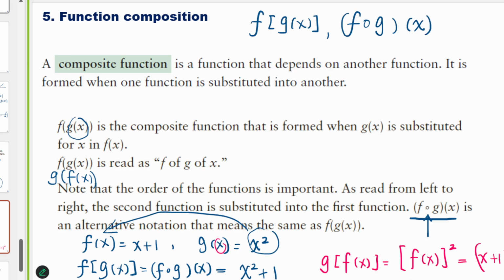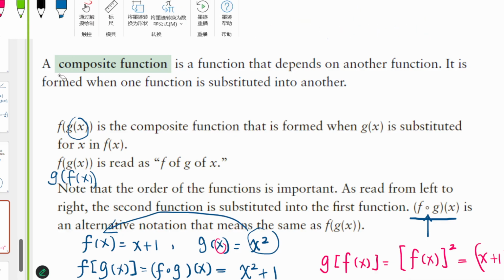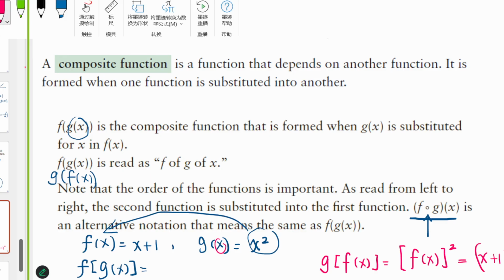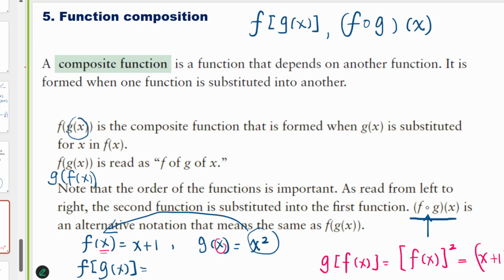And again, similarly for the previous question, if you can't see that at a first glance, then I suggest you do this. f of g of x, we simply use g(x) as the input of f(x), right? If you observe the expression of f(x), when the input is x, the output is x plus 1.